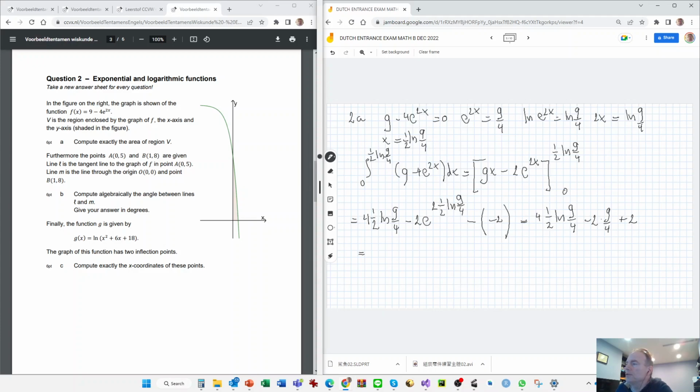So that is, let me just do this here. This is minus 9/2 plus 2, but 2 is 4/2. So minus 5/2.